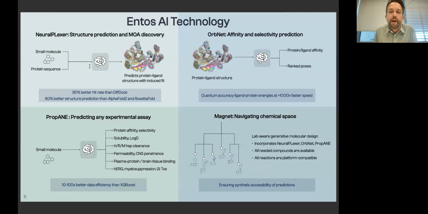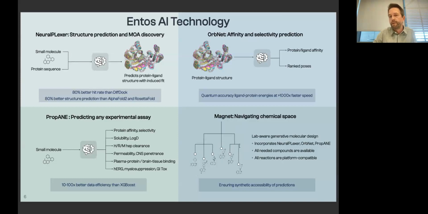We build those tools in a way that allows us to really tackle the tasks of drug discovery from the earliest stage of hit identification, mechanism of action discovery, and to carry that through to accurate prediction of pose and ligand protein binding affinity. We use very similar tricks in a tool that we call Propane to get very good data efficiency for the prediction of dozens of properties that are essential for lead optimization and multi-parameter optimization, spanning from physical chemistry to ADME to PK properties, and even to tissue distribution and toxicity.